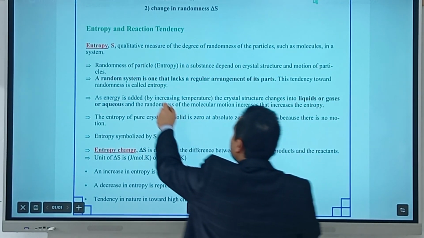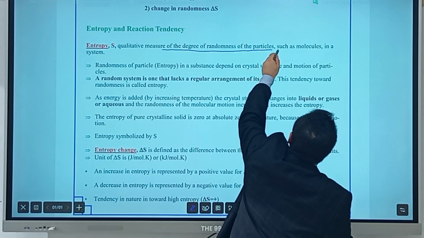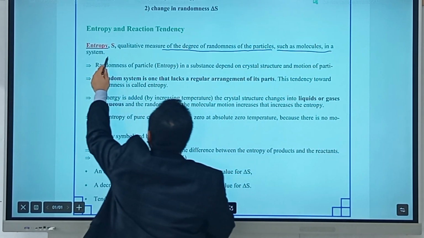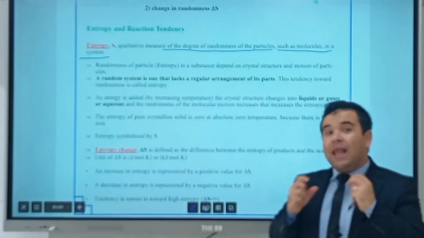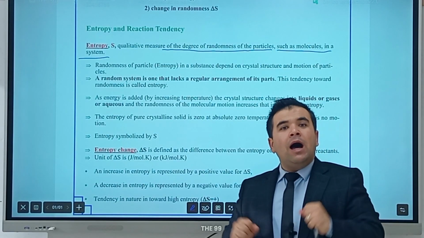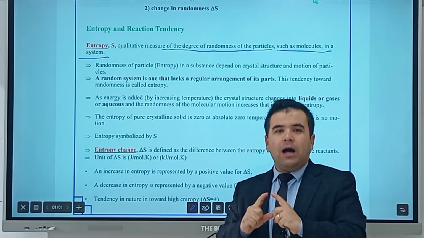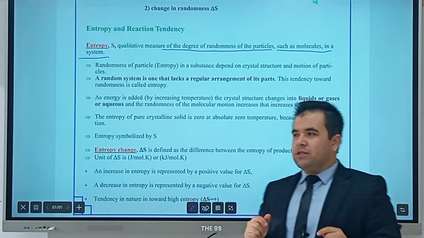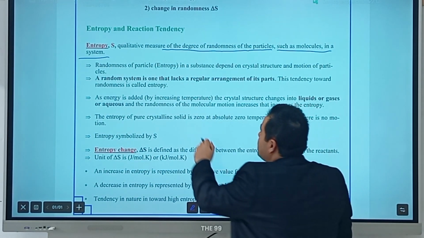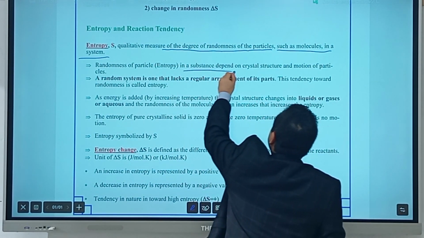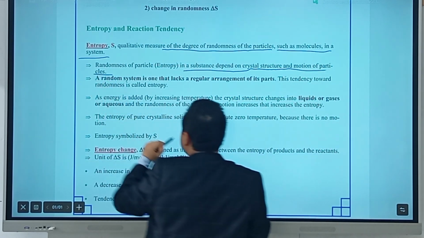So entropy is a qualitative measure of the degree of randomness of particles, such as molecules, in a system. A system lacking order has high entropy, but a system with order of particles has low entropy. Randomness of particles in a substance depends on crystal structure and motion of particles in that system, guys.